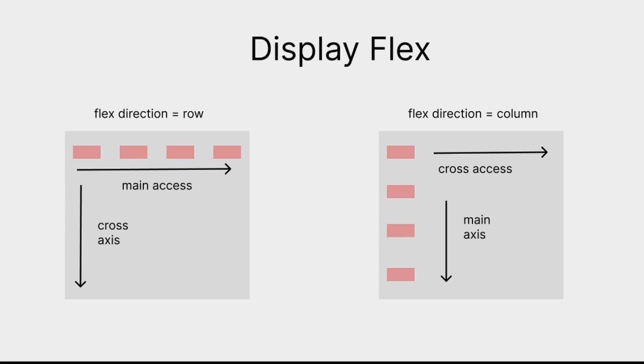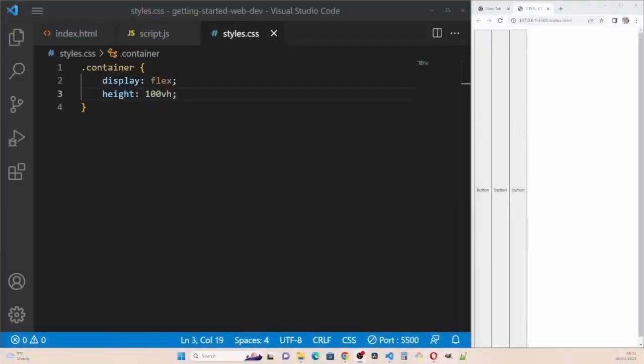Getting back to our code, this is not quite what we want. What's happened here? By default the button element stretches to the full length of the cross axis, which is not what we want.